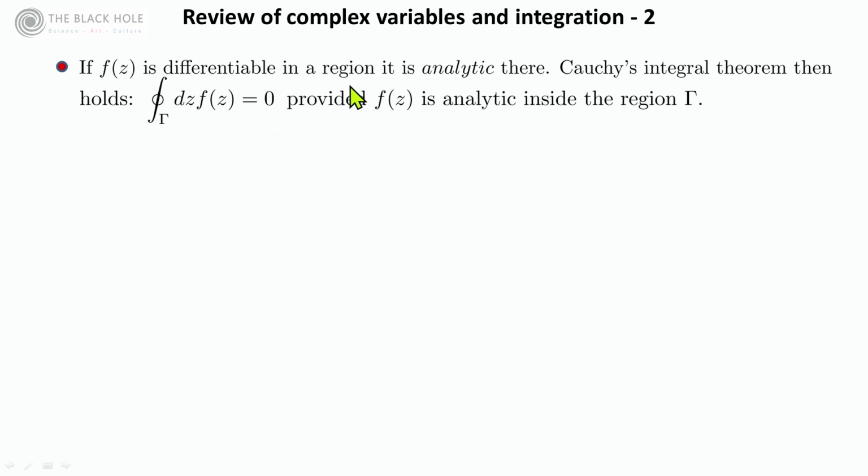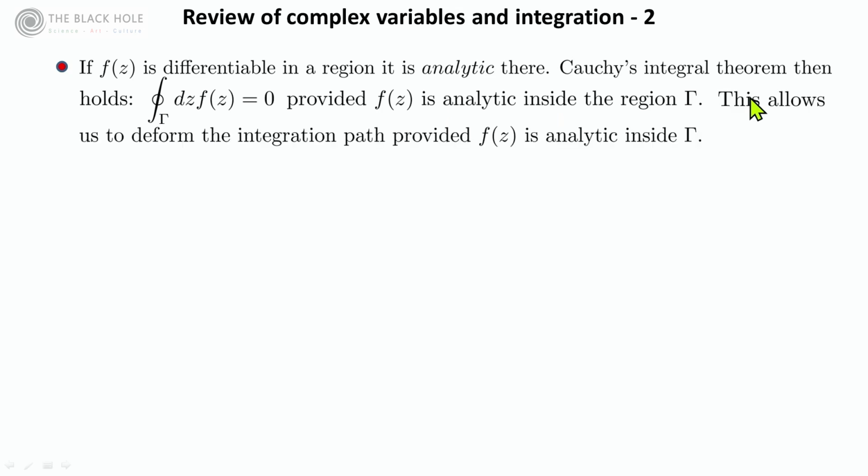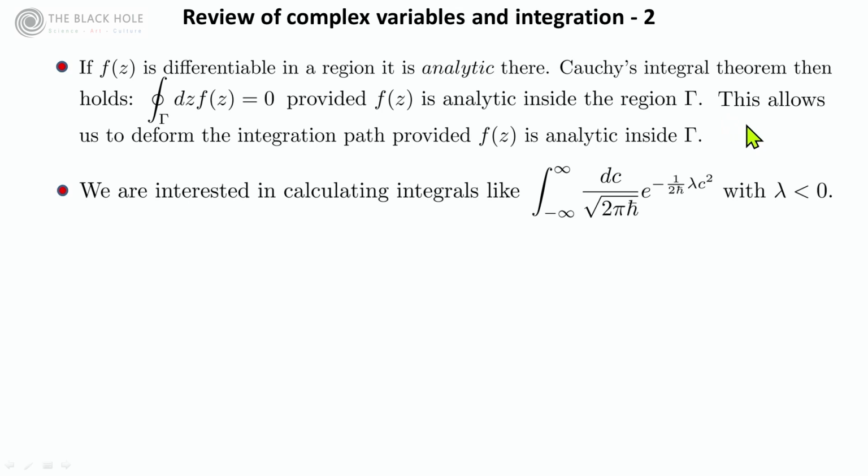And it will be 0 for every gamma, every curve, provided that f is analytic inside that region. So this means that I am allowed to deform the integration path as long as I do not cross any singularities and do not go over a branch cut or anything like that.